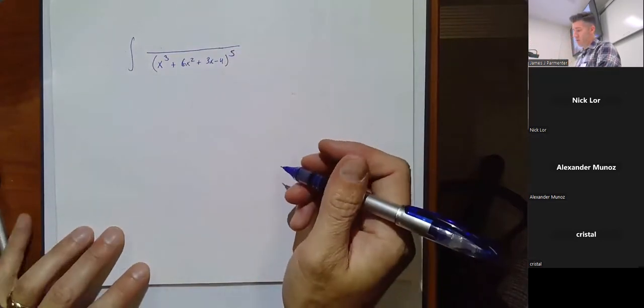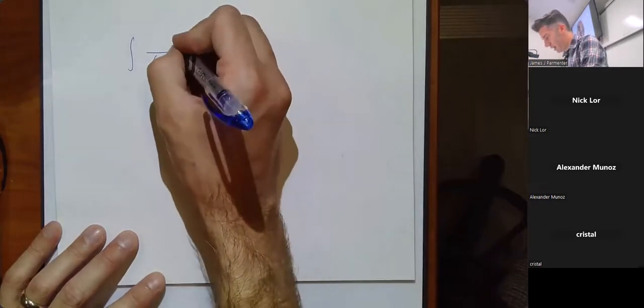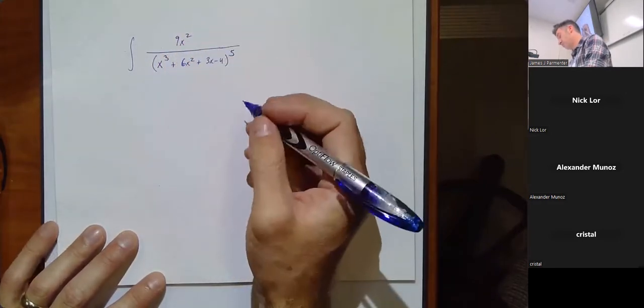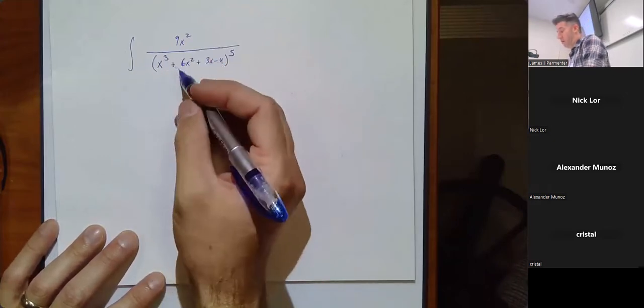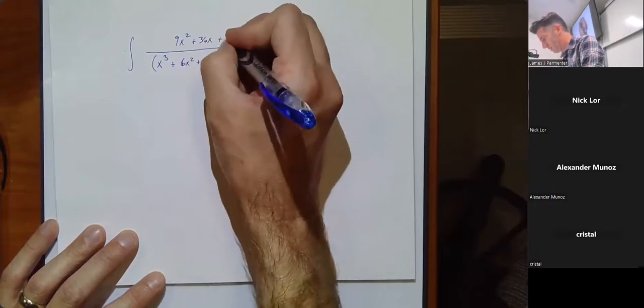And on top, what do I want to have? I want to have 9x squared plus 36x plus 9, I think.